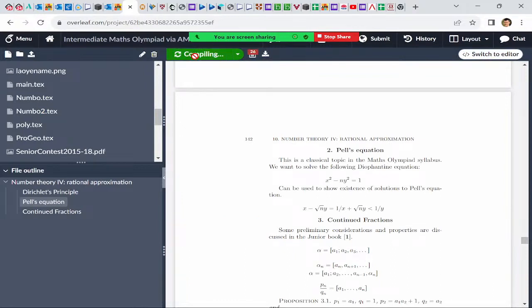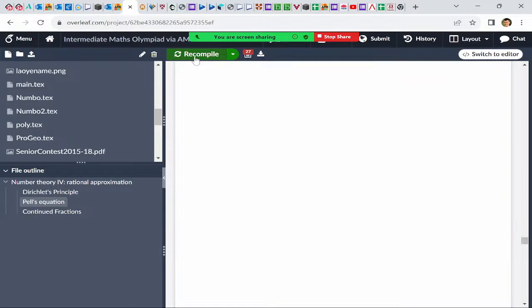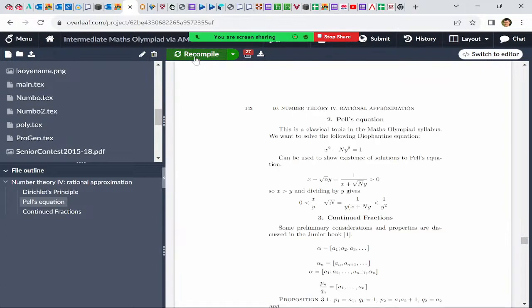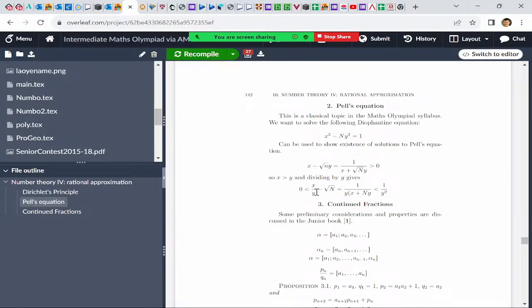And so you see that for Pell's equation here, any solution has to give you an approximation of root n that's within 1 over 2y squared, okay? Should be 2y squared.